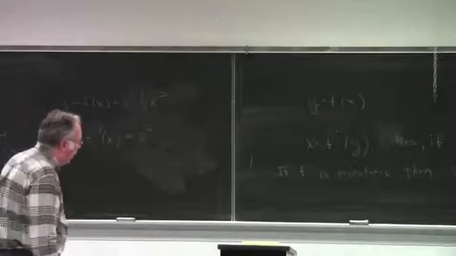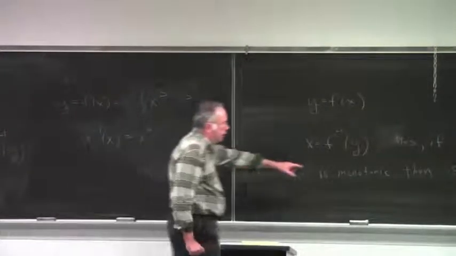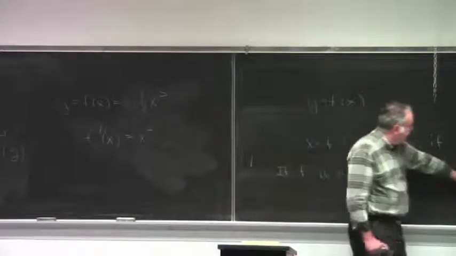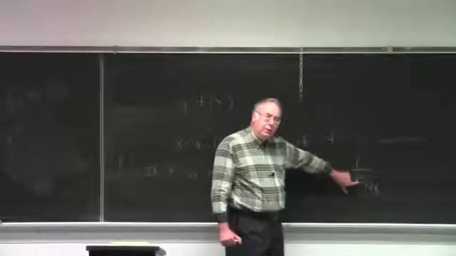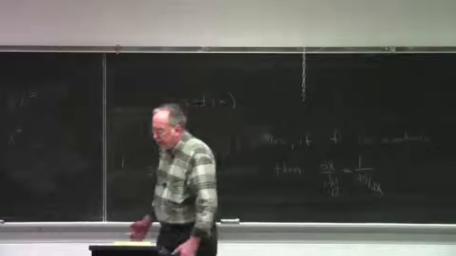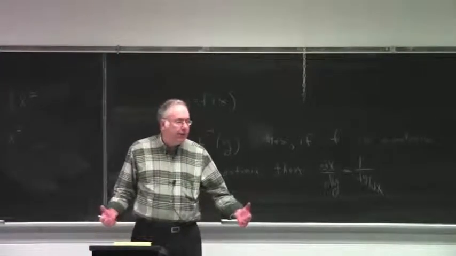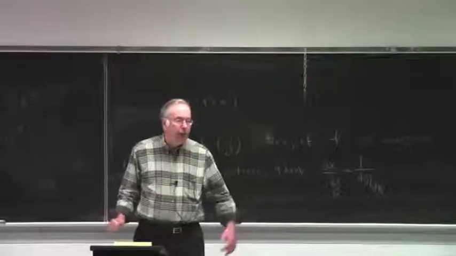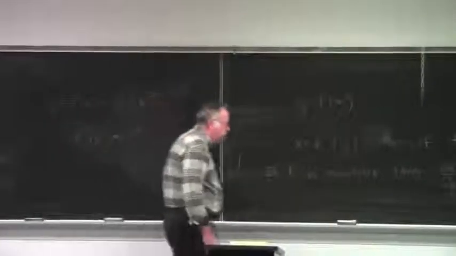You see what the problem would be? If f prime of x were 0, how would you find dx/dy? Because dy/dx would be 0, so then it would be undefined. Okay. So that's the problem where dy/dx is 0. Then dx/dy wouldn't be defined there. Okay. That's if you want to use this rule right here.